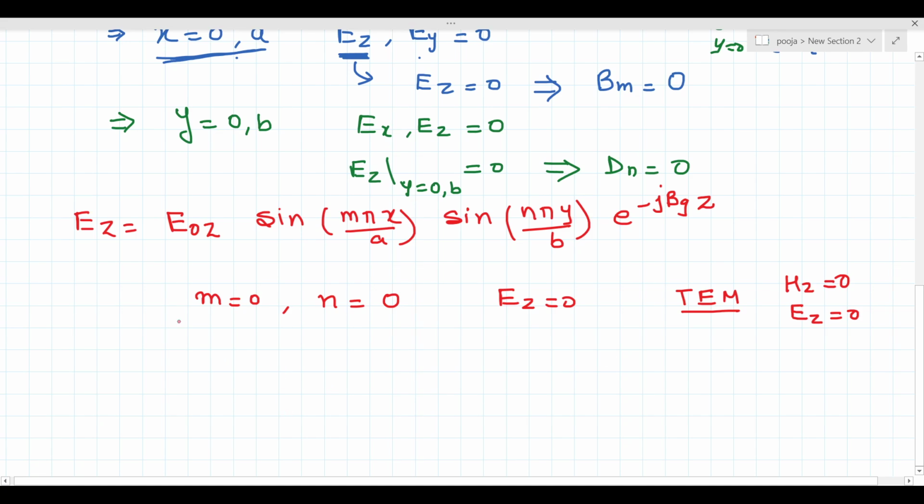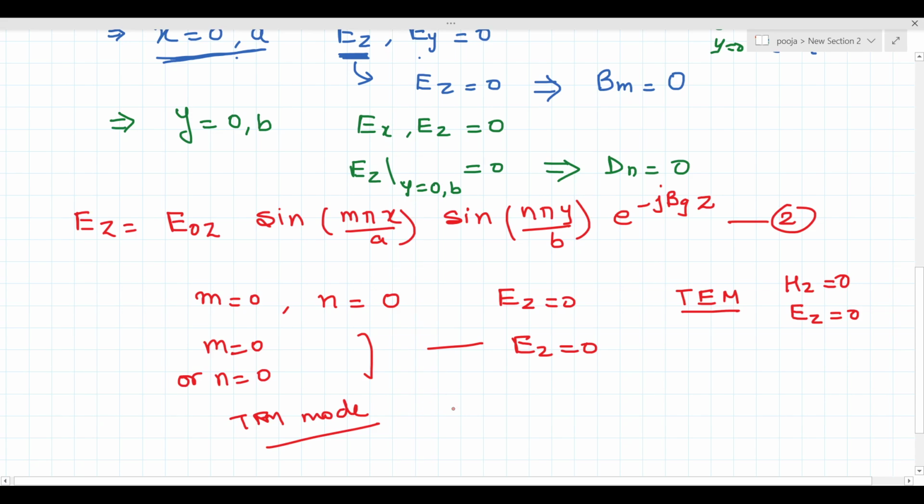Also, what we are seeing here in equation number 2 is that if either m is 0 or n is 0, this Ez will become 0. So for a wave to exist within the waveguide in TM mode, we should not have m or n equal to 0.